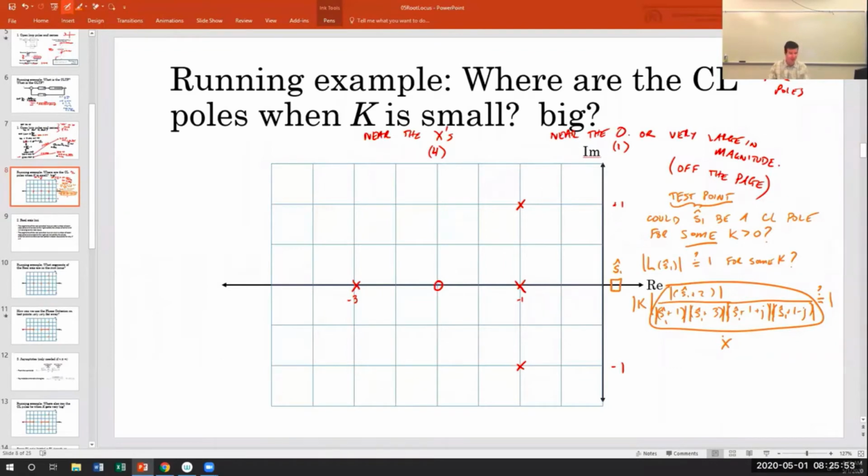And it'll be a positive number. All I have to do is pick k to be 1 over x, and I've satisfied the magnitude criterion. Do you follow that? So we can replace this question mark with a check mark for any possible S hat.